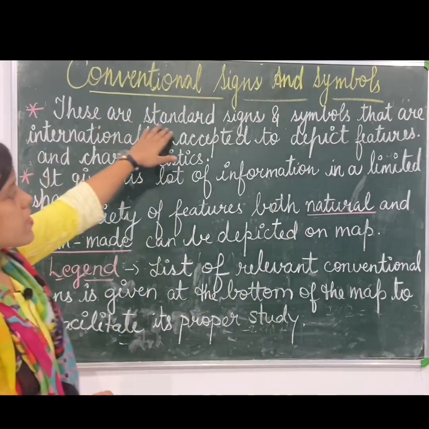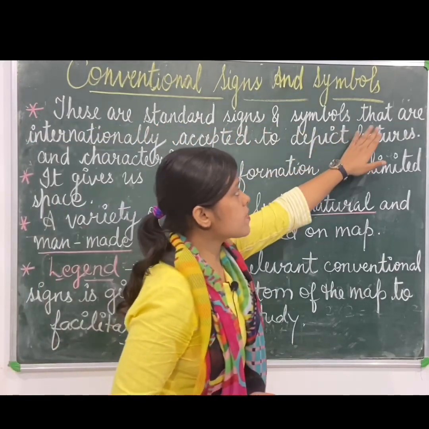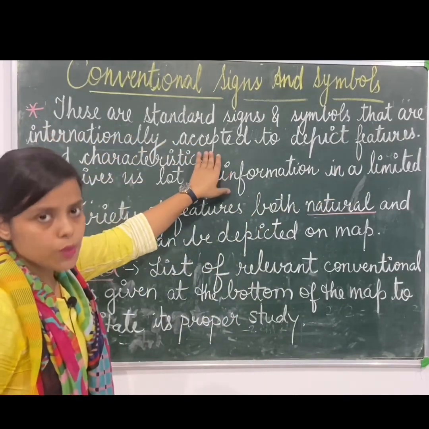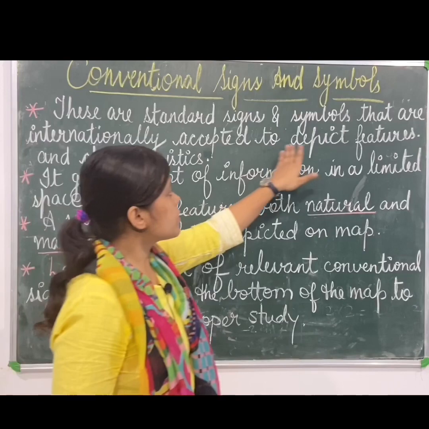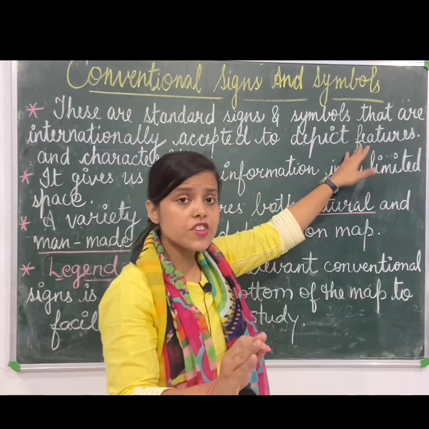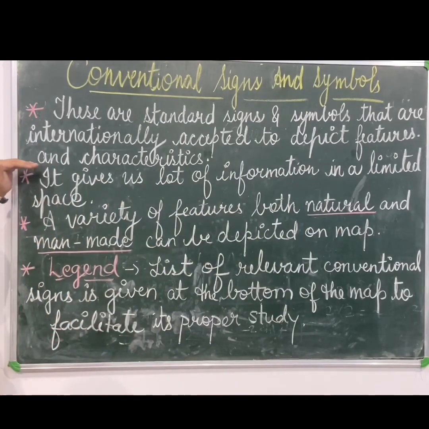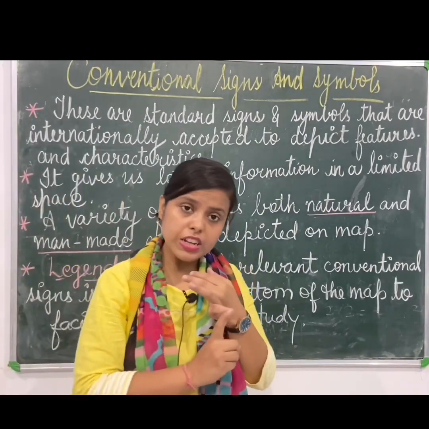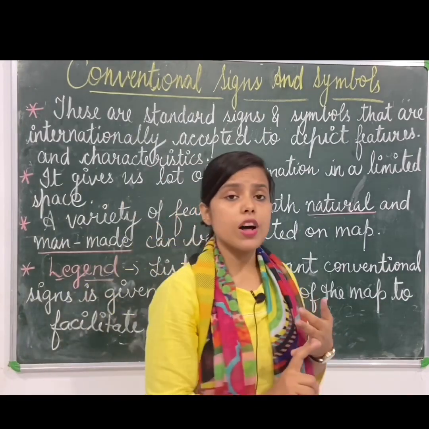Now, these are standard signs and symbols that are internationally accepted to depict features. What type of features does it indicate? It indicates features and characteristics, meaning man-made features and natural features.